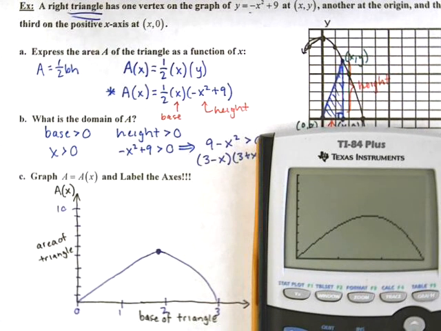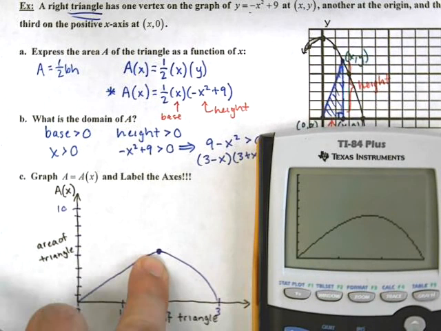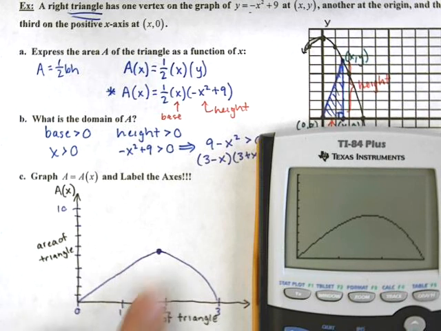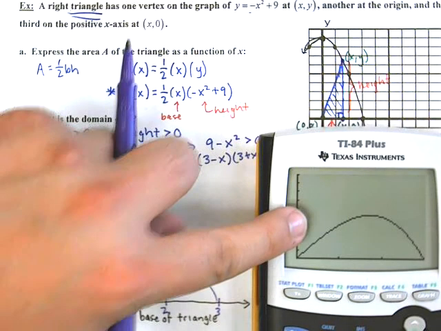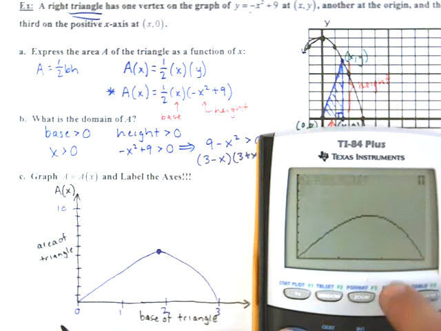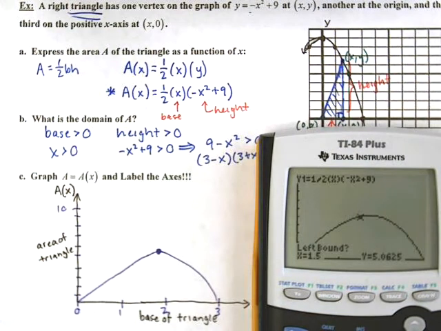Okay, so now, again, we go to our calculator. Remember, we need to get this point. This is the point that's representing the largest area, right? The largest y value in this case is going to be my largest area. So I go to calculate, I use the maximum feature.